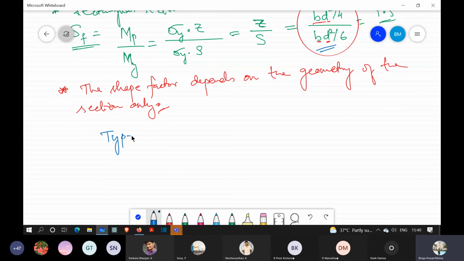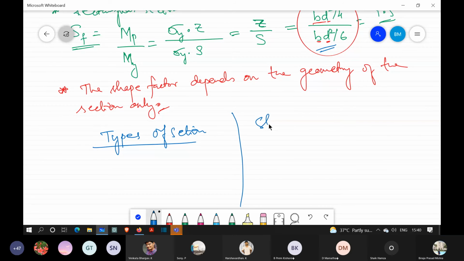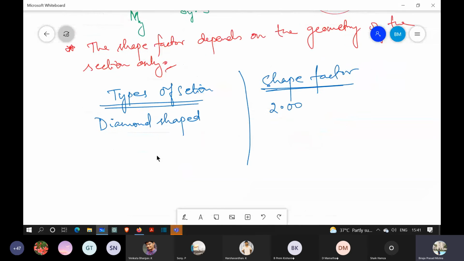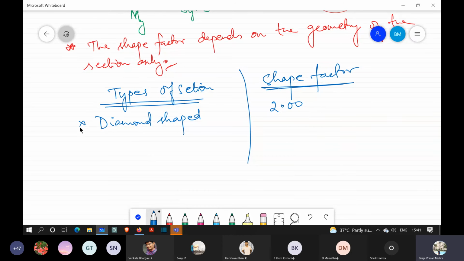If it is a diamond shaped one, these values have already been calculated, no need to calculate, it is better if you remember these values. So if it is diamond shaped, the shape factor is 2.0. If it is a round shaped one, then it is 1.70.